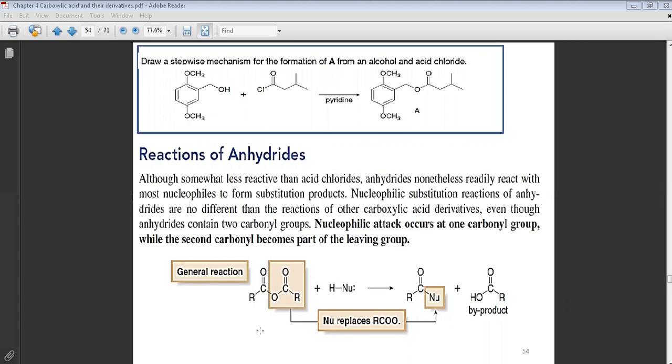If the nucleophile attacks this carbonyl, this part will be the leaving group. If it attacks the other carbonyl, then the other part will be the leaving group, to give you the product and the side product.